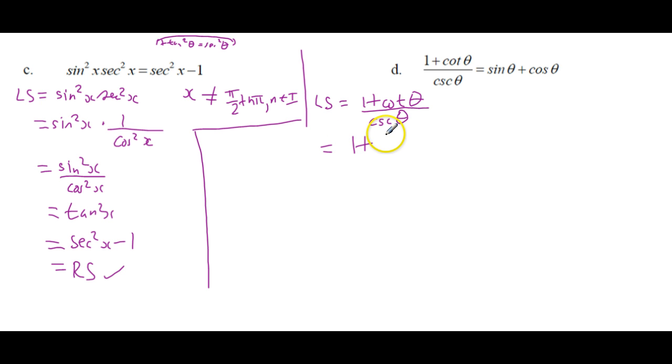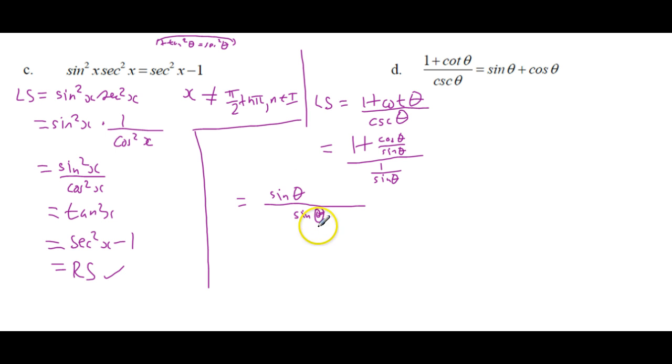Commonly, we turn things into sine and cos. So cotan is cos theta over sine theta over, yay, complex fractions, 1 over sine theta. This has to be added. It will have a common denominator of sine theta. 1 needs to be turned into something over sine theta.